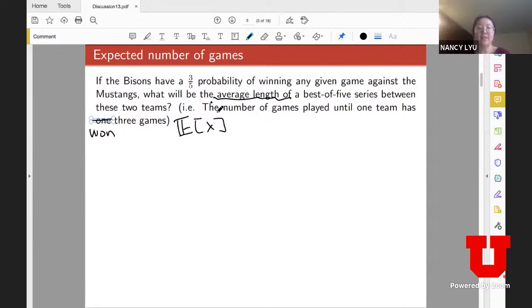So let's first let X be the number of games, which is the length.